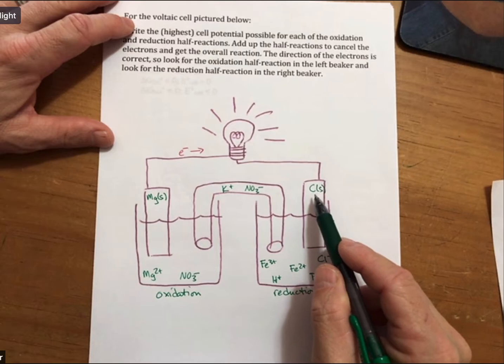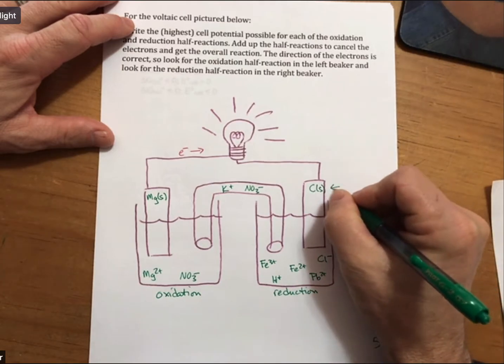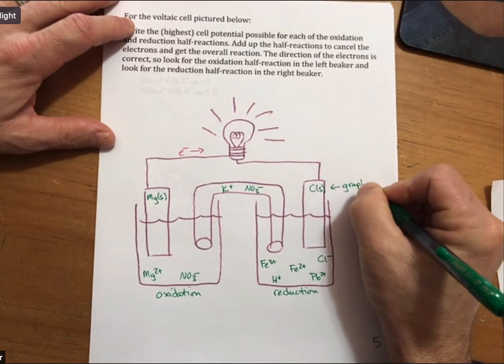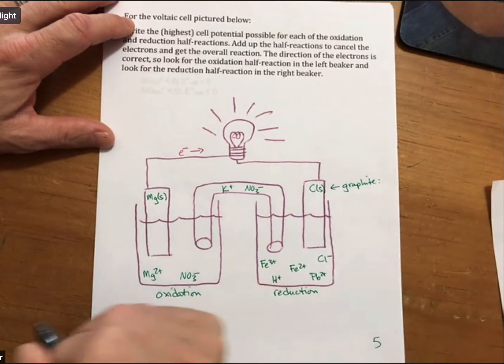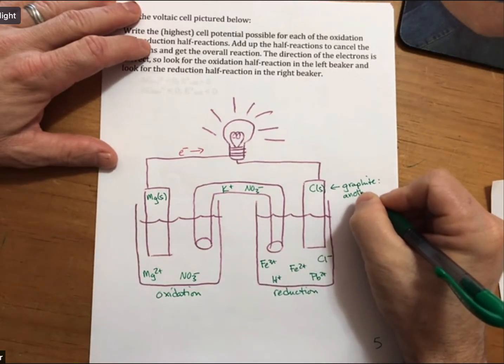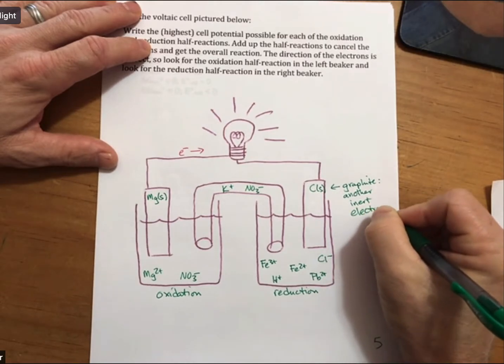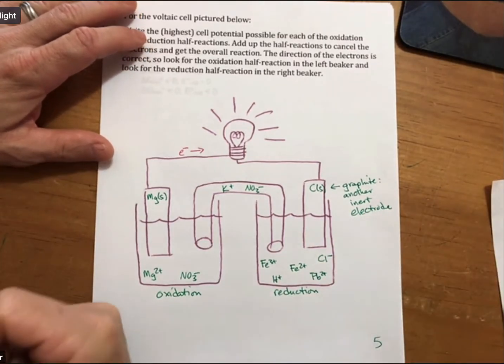We had iron in the last one. Now we've got carbon solid, which will be graphite. And graphite is another inert electrode, just like platinum.